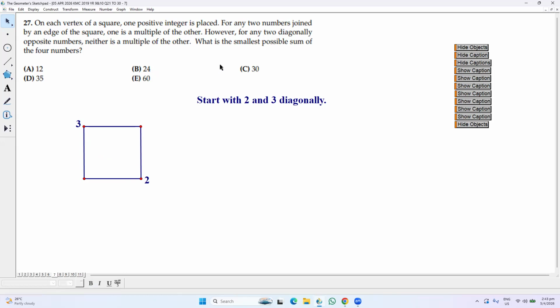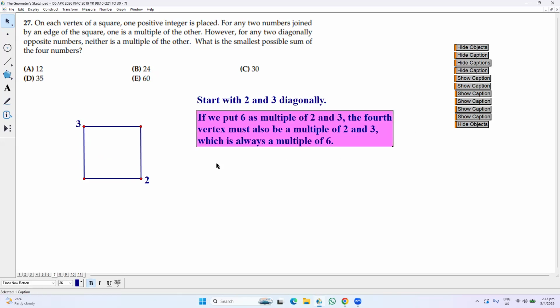Then if we join, it must be a multiple. So you try to put 6 here. If we put 6 as a multiple of 2 and 3, then the fourth vertex must also be a multiple of 2 and 3. So any multiple of 2 and 3 will also be a multiple of 6.